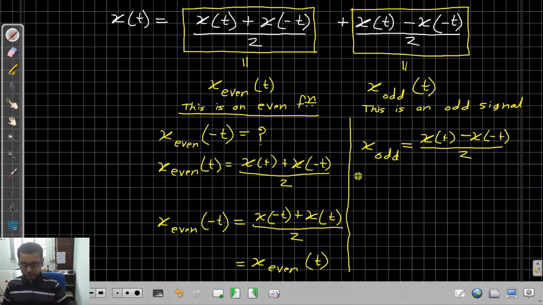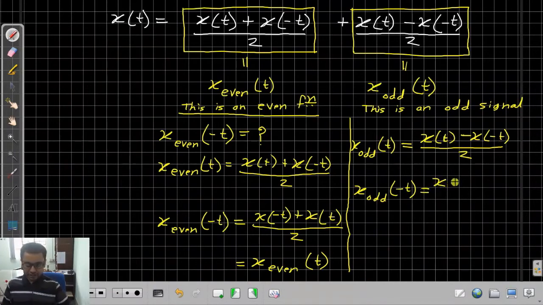And now I will put x odd minus t. Okay, let me put the t here. This was x odd t. Now I am putting minus t in place of t, so replace all t by minus t everywhere.